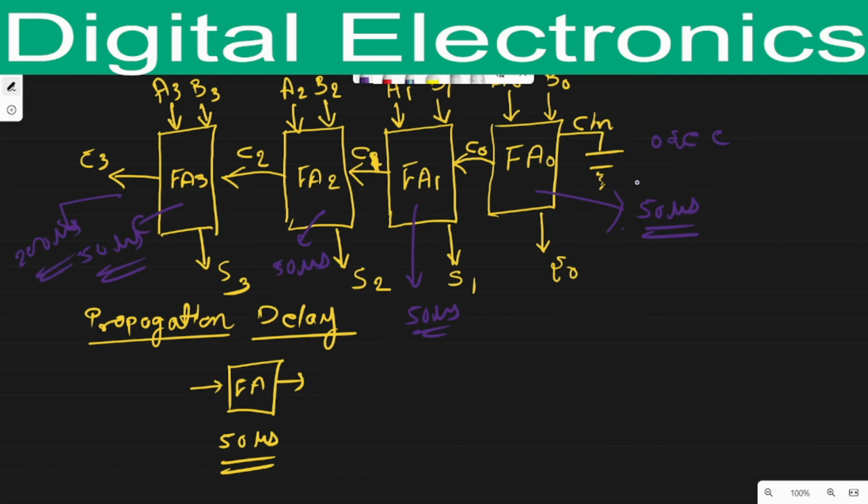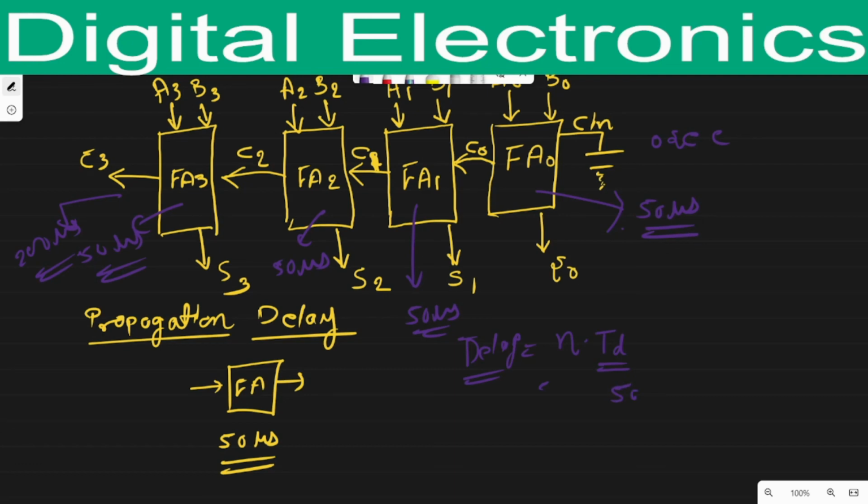So the total propagation delay can be calculated as n times the propagation delay of one full adder.